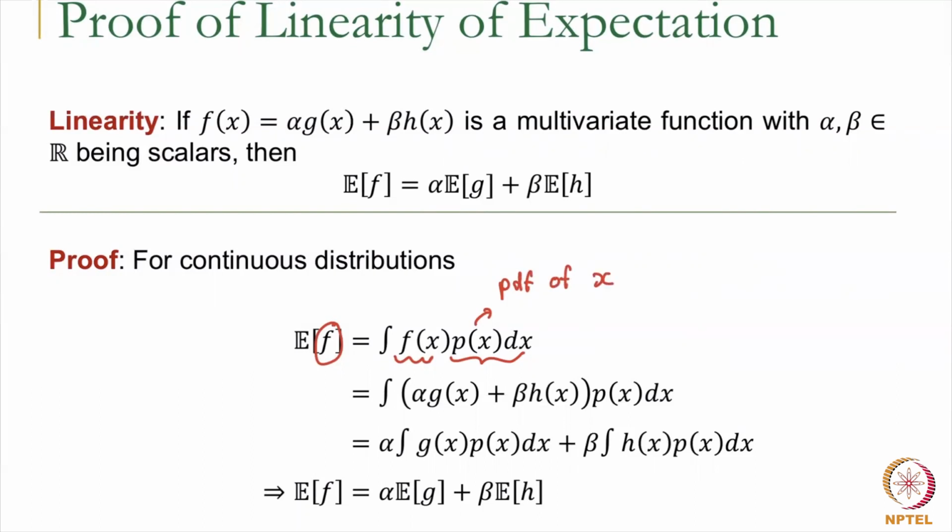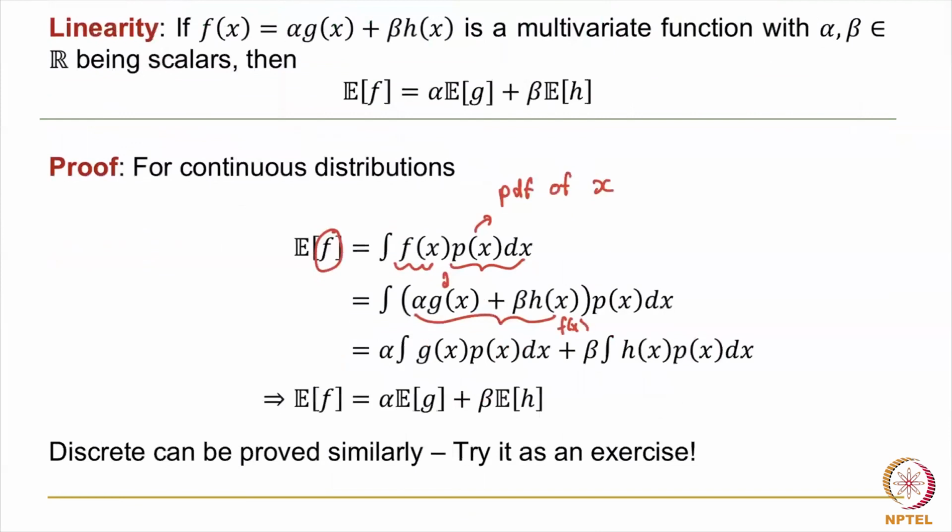Now we already know f of x is alpha g of x plus beta h of x. So this is f of x. I have just substituted that here.